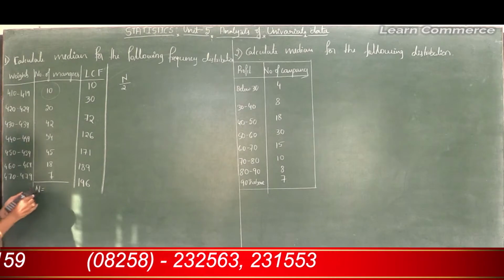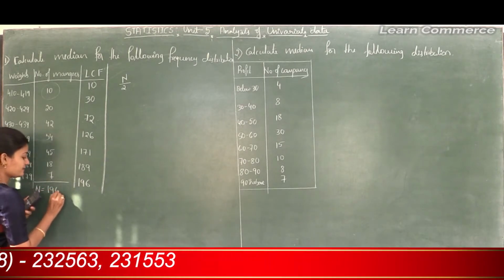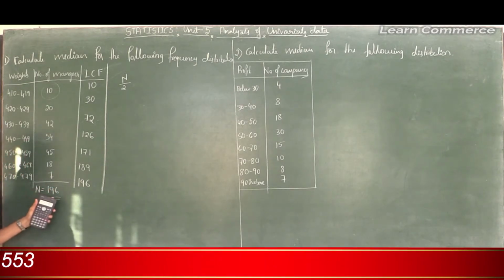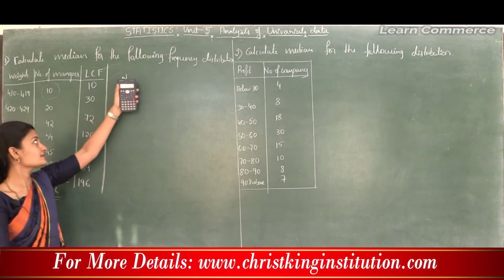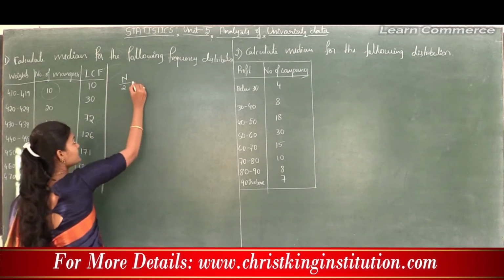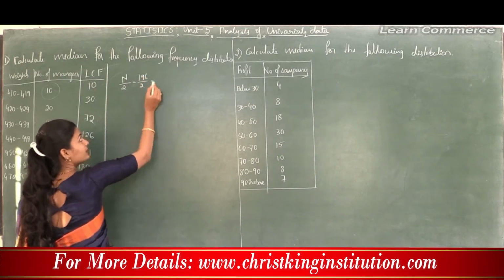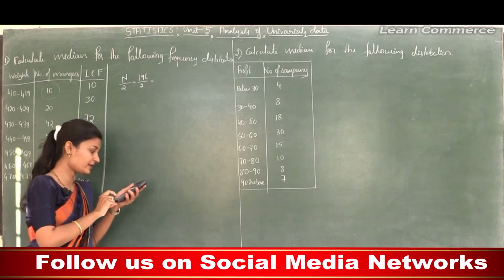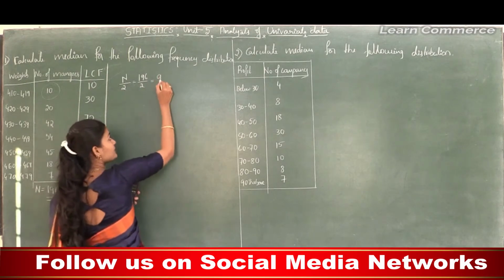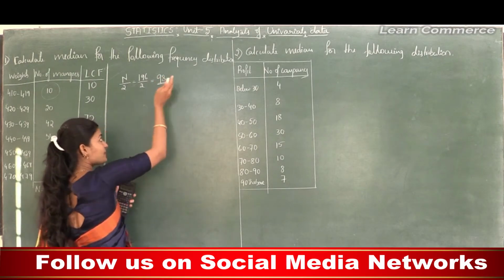So capital N is 196. Next I will substitute this 196 in the formula. N by 2 is 196 divided by 2, that is 98. So step 2 is over.